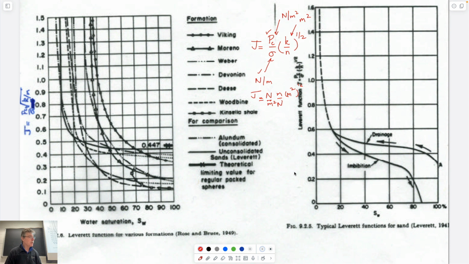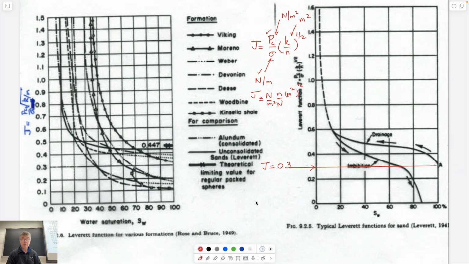And so another application of non-dimensional numbers like Buckingham pi is that this analysis, which we won't talk about now, gives a value of this J function for the bubbling pressure equal to 0.3, roughly.